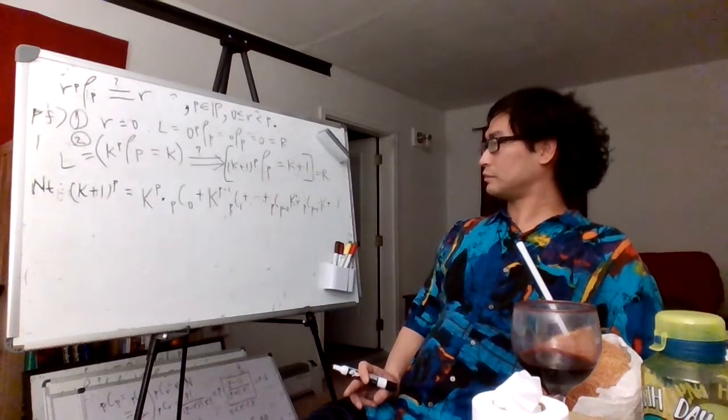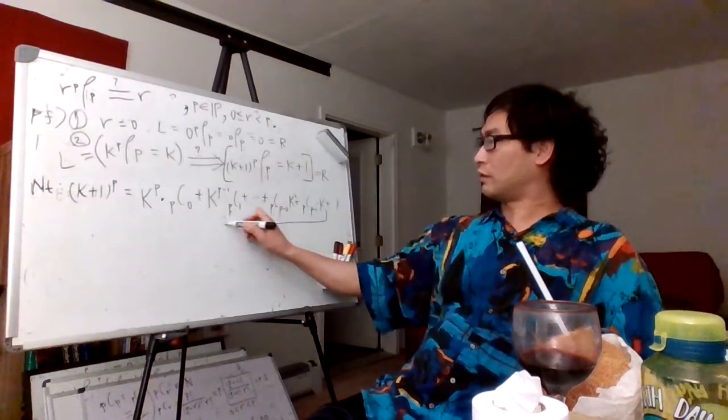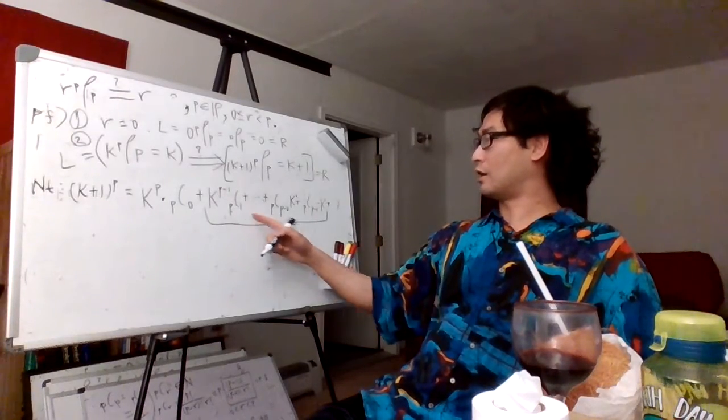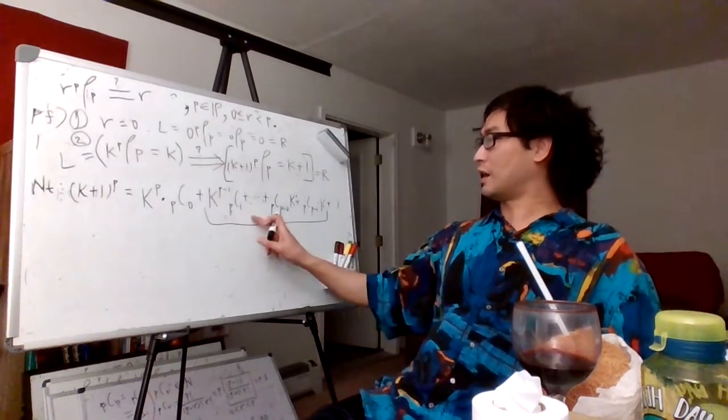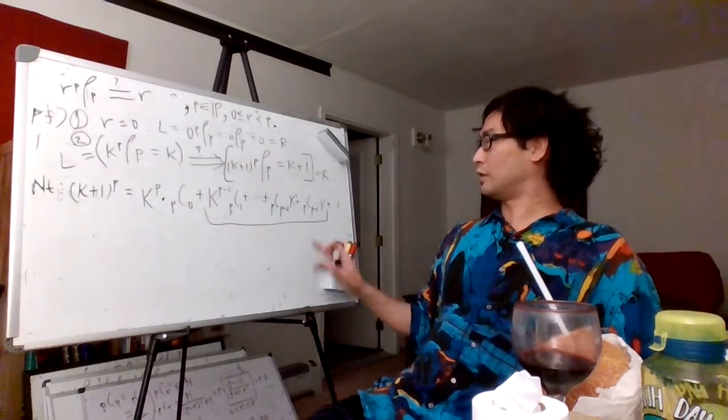So we have these middle terms, where p choose r, where r is from 1 to p minus 1.